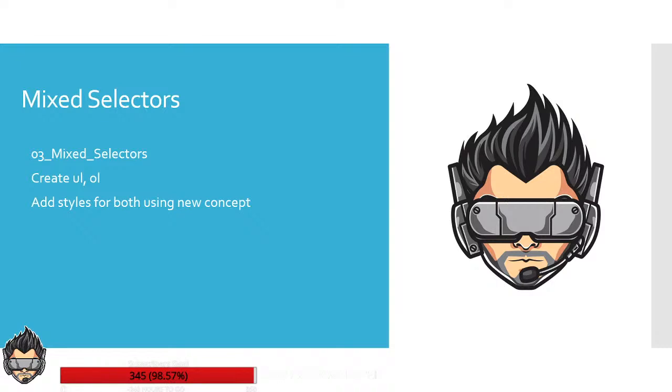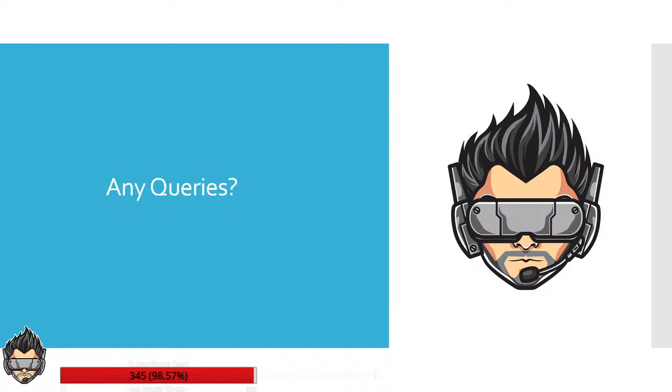Add styles for those using the new things that we learned: add a background color for UL separately, add a background color for OL separately, try to implement ID and create different IDs in different colors, and try to go with the priorities and see what's happening and so on. If you discover what has priority over others, then you will understand the programming concepts easily. With this being said, do you guys have any queries?